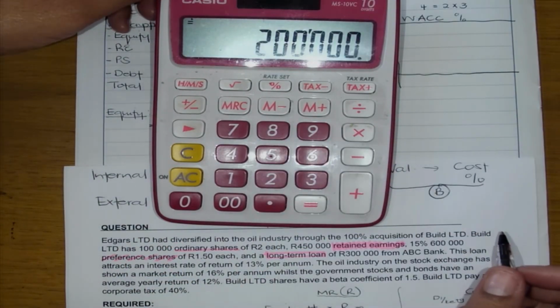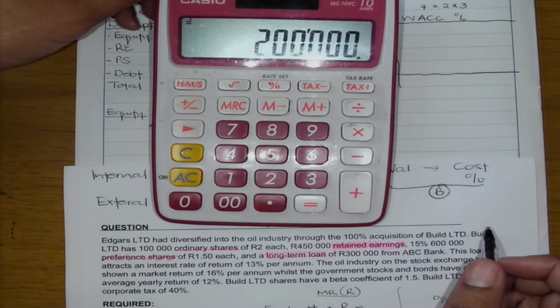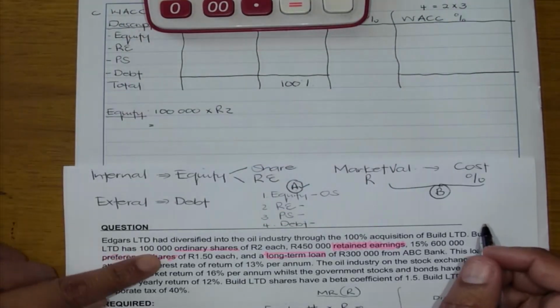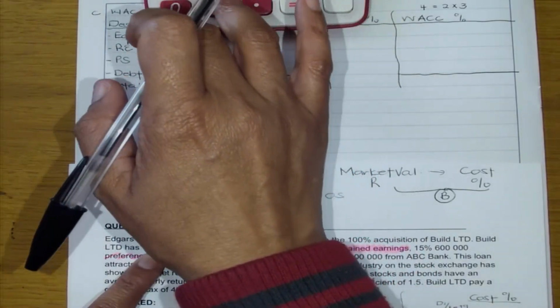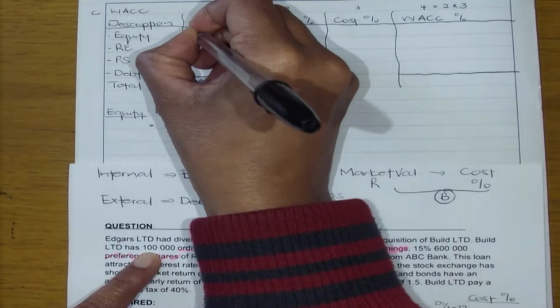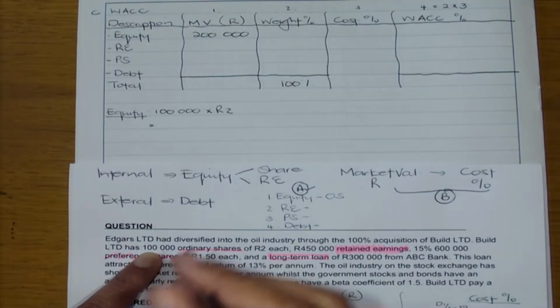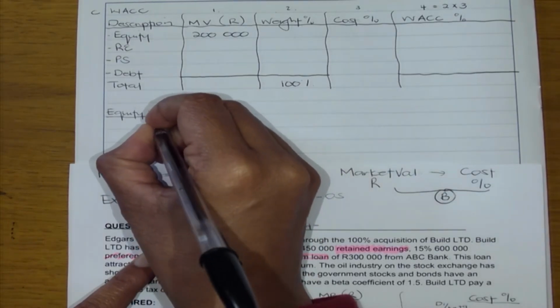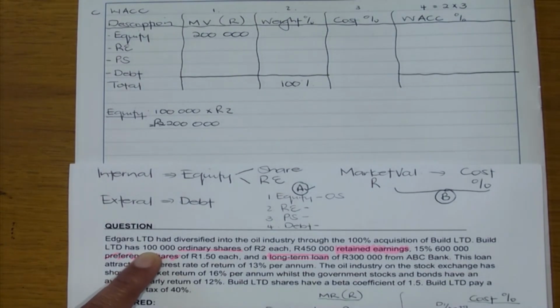So the shares, the market value, the Rand value is 200,000. Is it 100,000? Yes, it's 100,000. Let's just make sure. 100,000 times 2 Rand each. So our market value is 200,000 Rand. Okay.